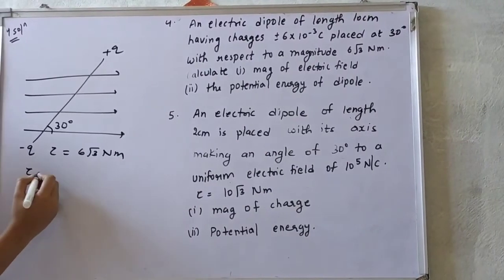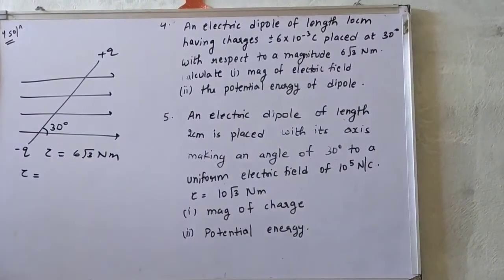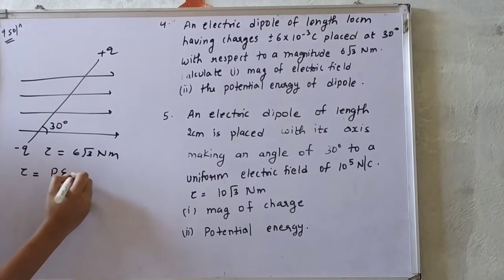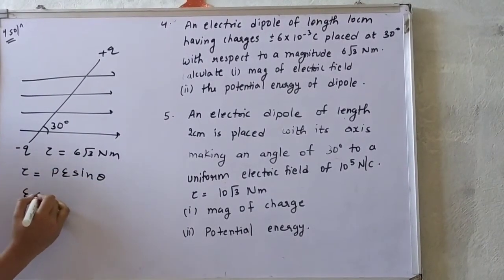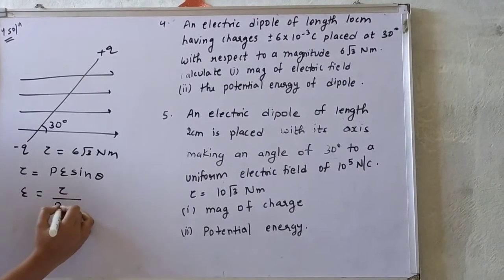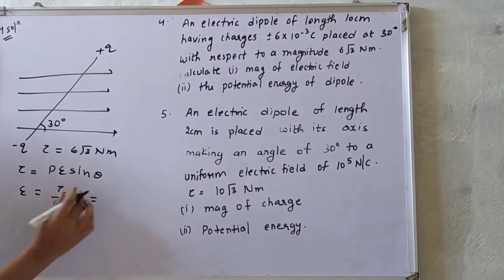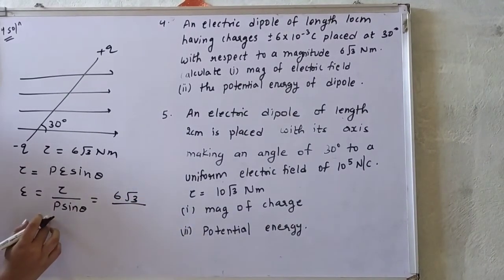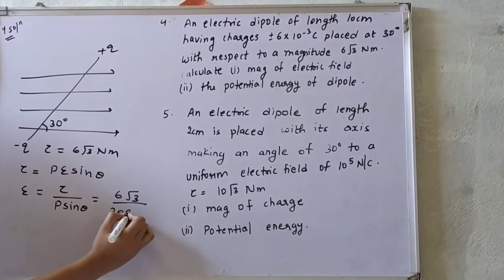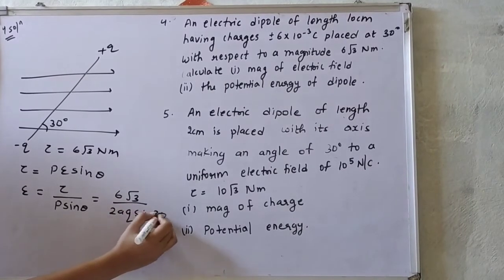Torque is equal to pE sin theta. Electric field we need to calculate. E is equal to torque upon p sin theta. What's the value of torque here? 6 root 3. p is equal to 2aq and sin 30 we have.